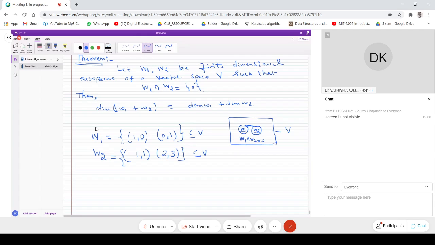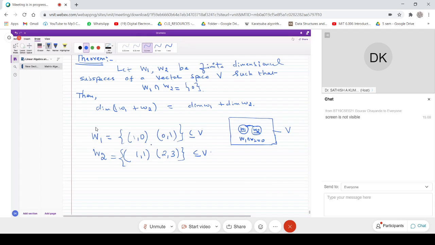Okay, and whenever we speak about dimension, it is connected to basis, because the dimension of something is nothing but the number of elements in the basis. Let us say that this forms a basis, and similarly this forms a basis.